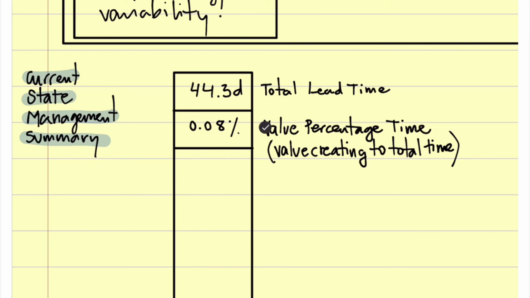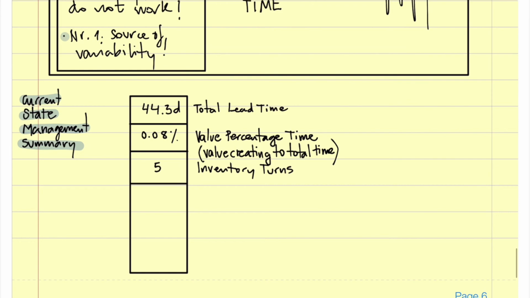You can also represent the number of steps. I'm not so much interested in the number of steps. You can represent the inventory turns. Five. What is an inventory turn? Somebody can tell me?